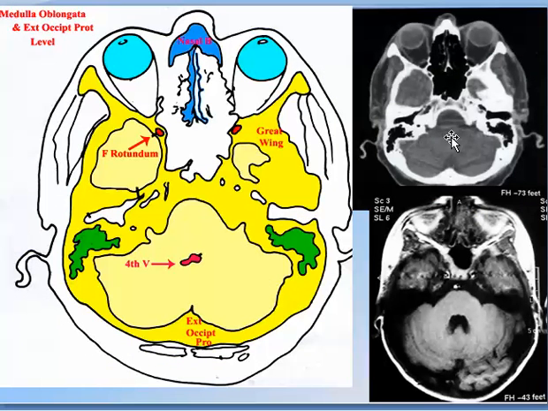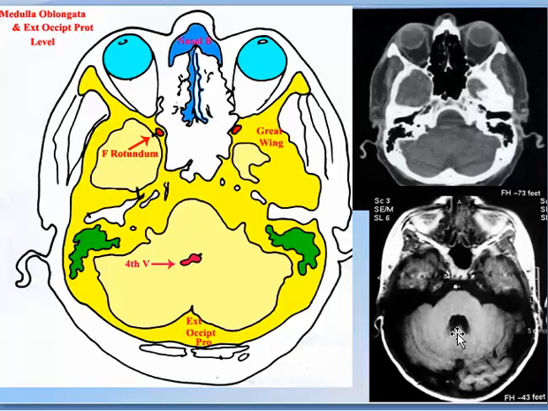Now this is the internal auditory canal, and this is the mastoid air cells, petrous apex, Eustachian canal, region of medulla oblongata, region of the external occipital protuberance.